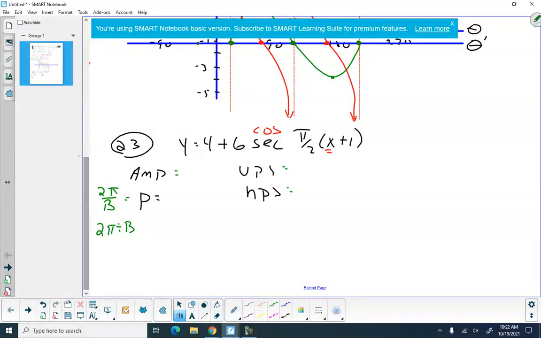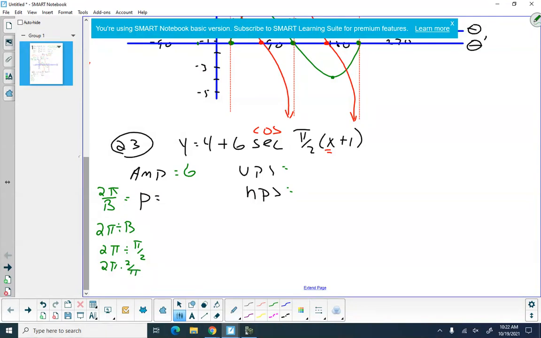Amplitude, period. Brandon, what do you have? Amplitude 6 and, well, we have 2 pi divided by pi over 2. We flip the pi over 2. So we have 2 pi times 2 over pi. The pi's cancel out.